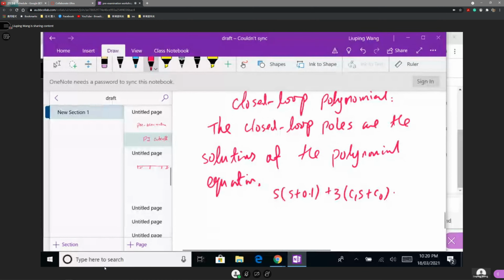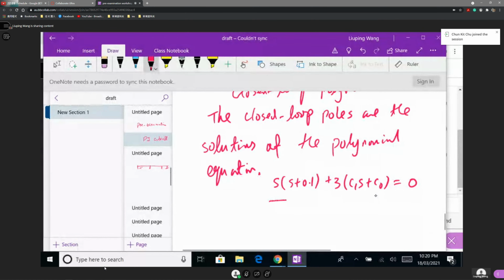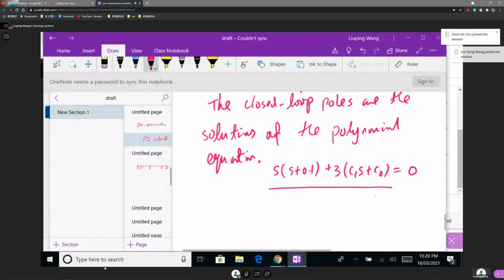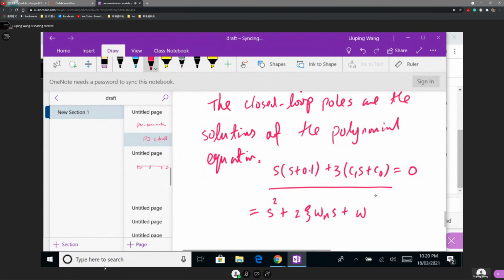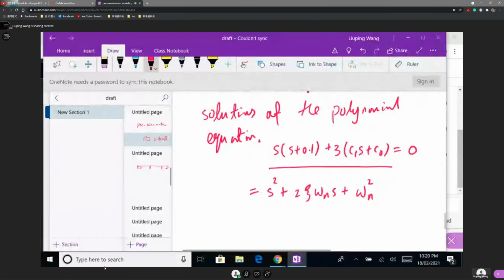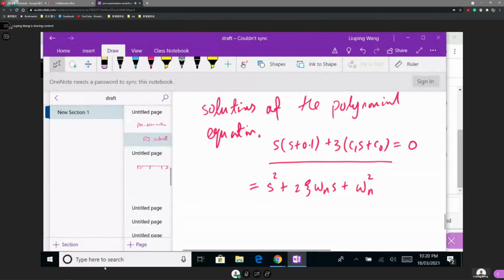That equal to 0 gives me the closed loop poles. If I want the closed loop poles equal to the desired closed loop poles, I make this equal to the desired polynomial, s squared plus 2 psi omega n s plus omega n squared. So now I make this one equal to that.